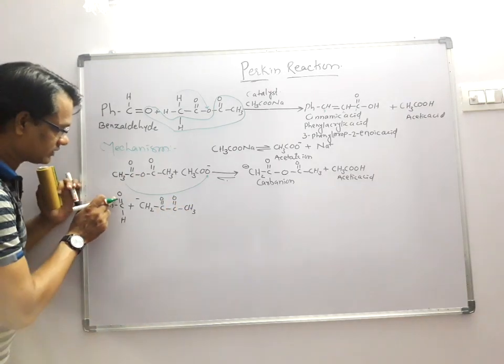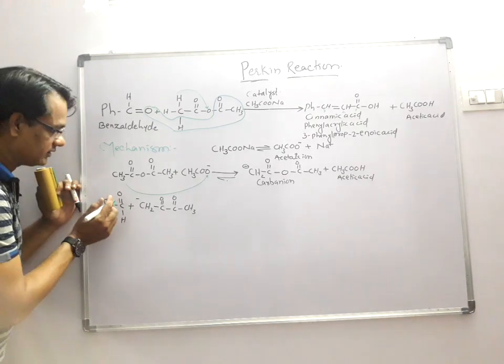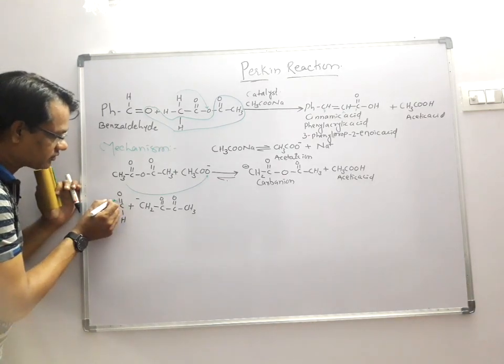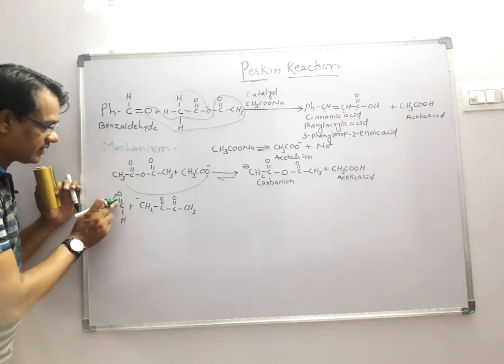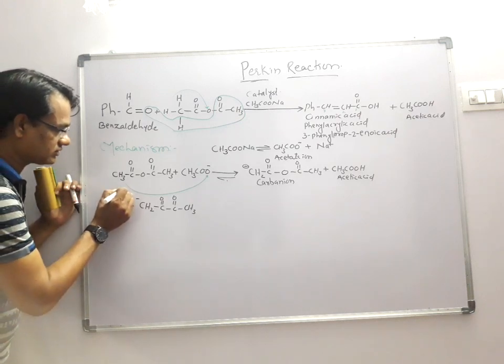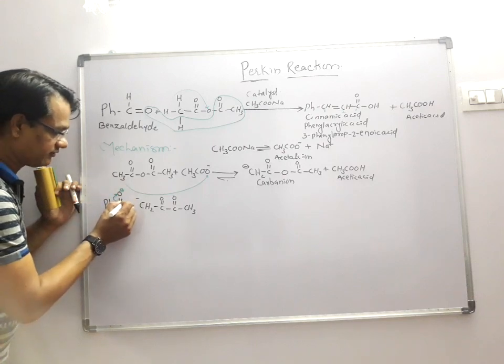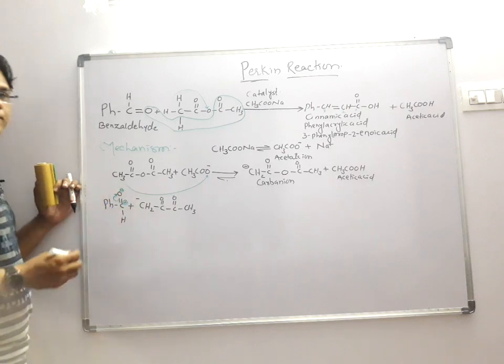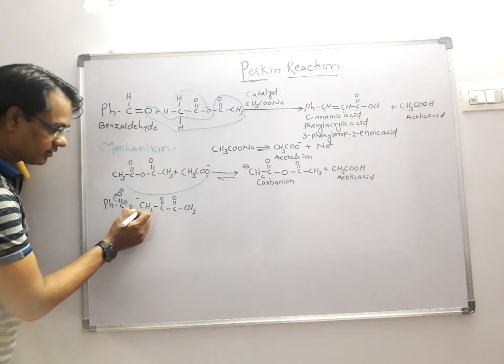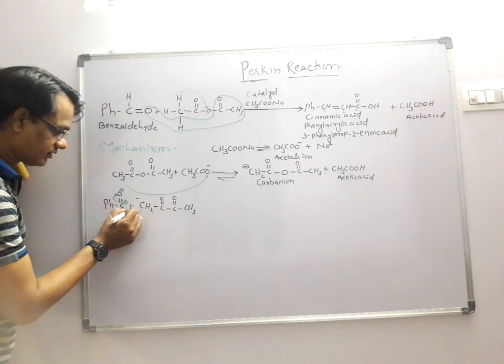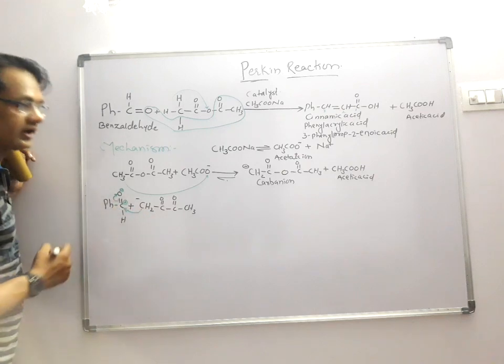Due to the electromeric effect, this pi bond electron pair will shift to this oxygen. When this pi bond electron pair shifts to this oxygen, it acquires a negative sign, and this carbon acquires a positive sign. Now this negatively charged carbanion will attack this carbonyl carbon.